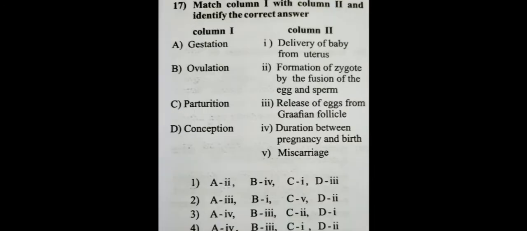Question 17. Match the following column 1 with column 2. Column 1 has certain processes, that is gestation, ovulation, parturition, conception. Now we have to match with column 2. Gestation is duration between pregnancy and birth.